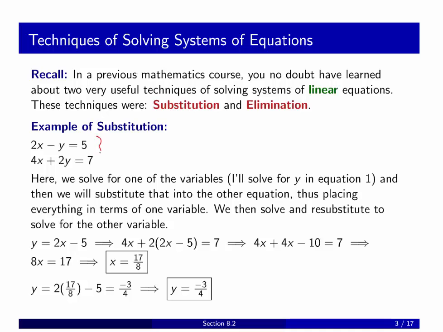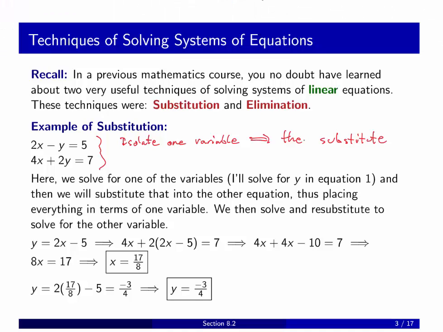Substitution means if you are given, say, these two linear equations, so this is probably what you did in Math 10. Basically, you're going to isolate one variable, then substitute.